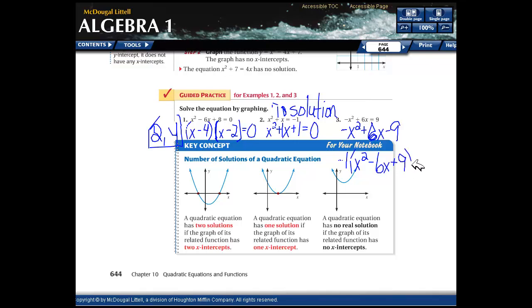What would multiply together to get a positive 9 and add together to get a negative 6? They would both have to be a negative 3. x minus 3 times x minus 3. So, as you can see, there's only one solution because it is the same solution. x would be 3.